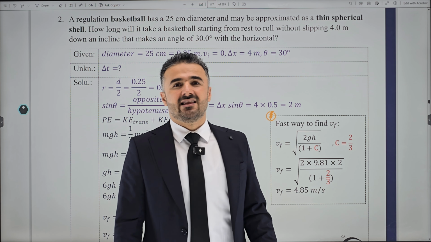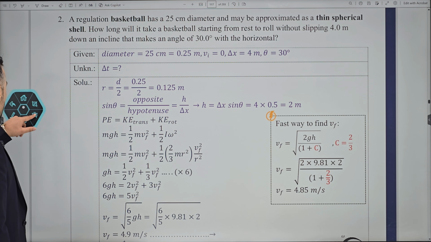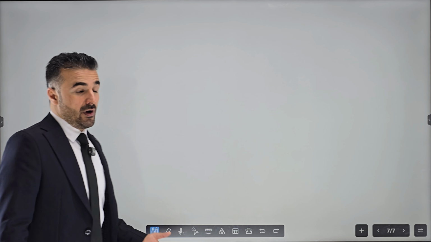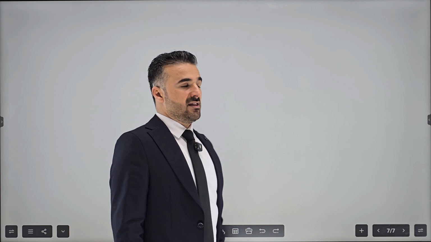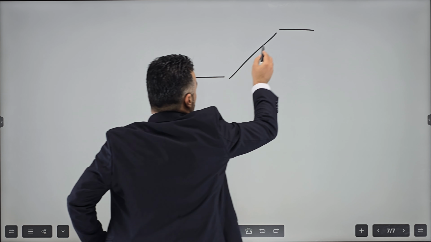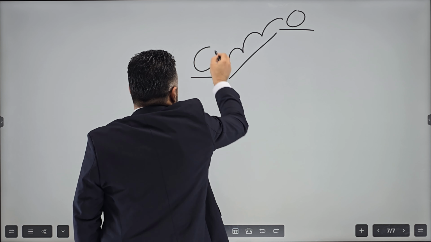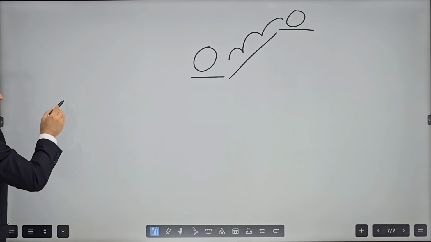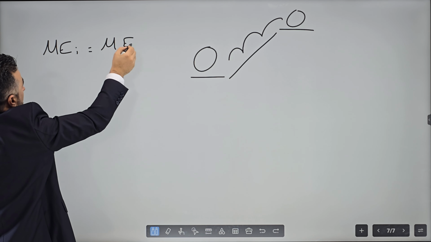And we also said that all the questions that we have, one way or another, require the translational speed of the object at the bottom of the incline. So if an object is rolling down, first of all, mechanical energy initial is equal to mechanical energy final.